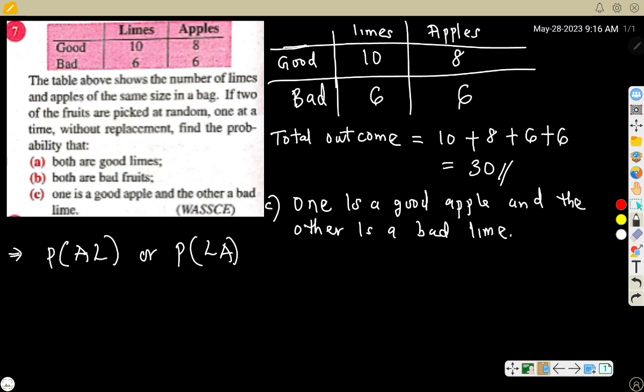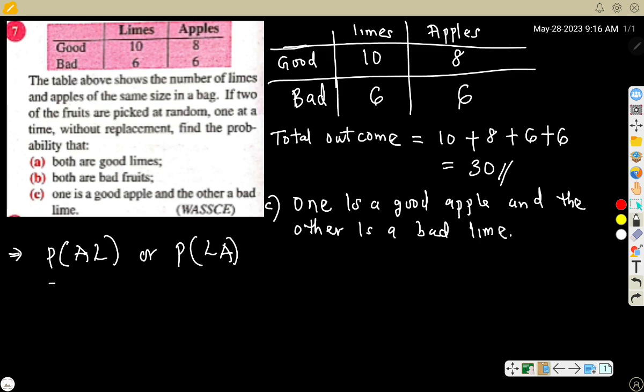The question did not actually say which is good and which is bad. So we just know that it is a good apple and a bad lime.